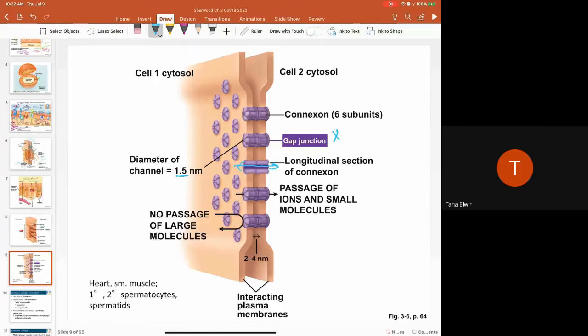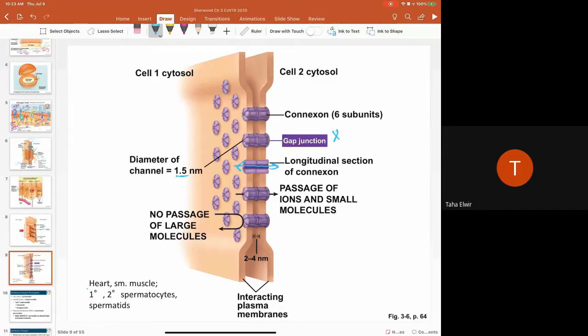If it's electrical charge carried on an electrolyte, then it can pass from one cell to the next. So smooth muscle cells connected by gap junctions will contract pretty much at the same time, so you'll get that syncytium. You also have your heart using these gap junctions so that the heart muscle contracts as a syncytium to create a pump action to move your blood.